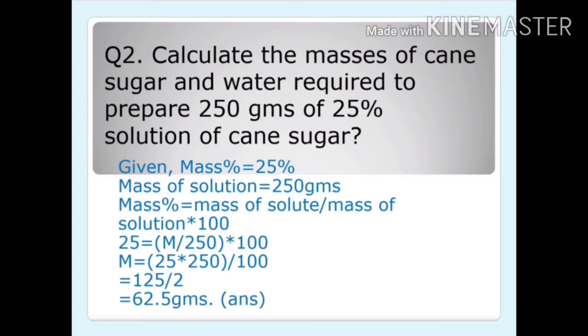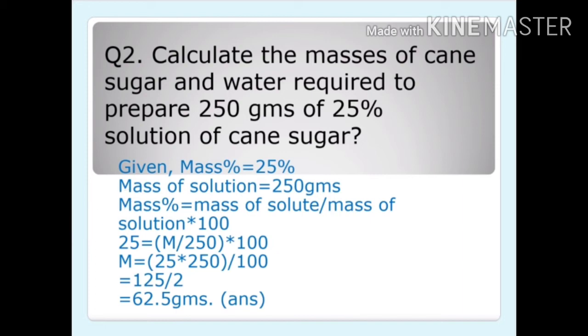Mass percent given है cane sugar का 25%. ठीक है, 250 grams क्या है, mass of solution. हमसे यहाँ पे क्या पूछा है, mass of solute. Okay. Cane sugar का mass, that means mass of solute is asked. So which formula are we going to apply? First one only, mass percent is equal to mass of solute upon mass of solution into 100.